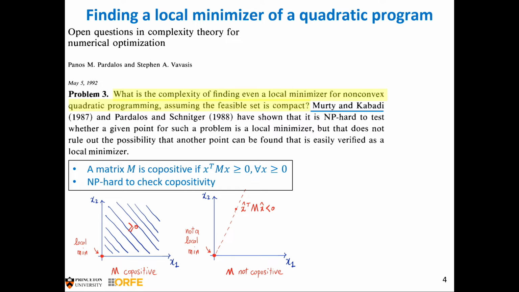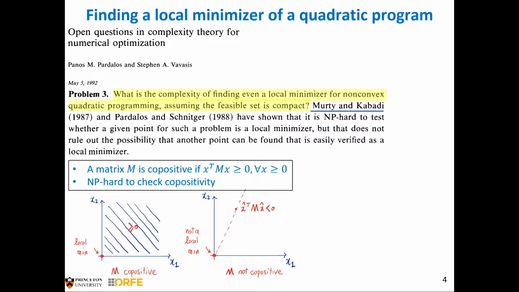Now, consider the problem of minimizing x transpose Mx, the quadratic function, over the non-negative orthant, which is a polyhedron. I claim that the origin is a local minimum if and only if M is copositive. If M is copositive, then the quadratic function vanishes at the origin and is non-negative everywhere else, so 0 is in fact a global min.